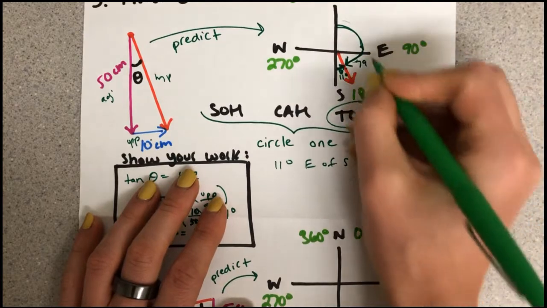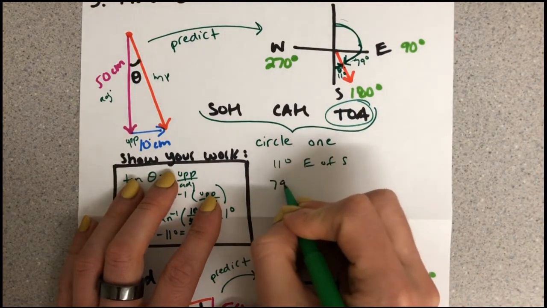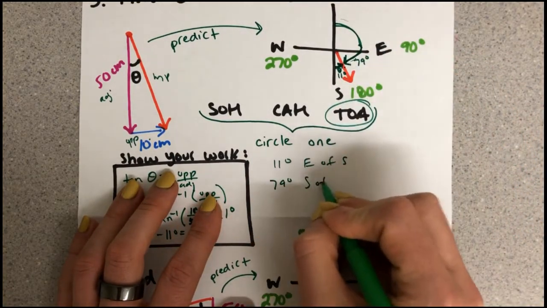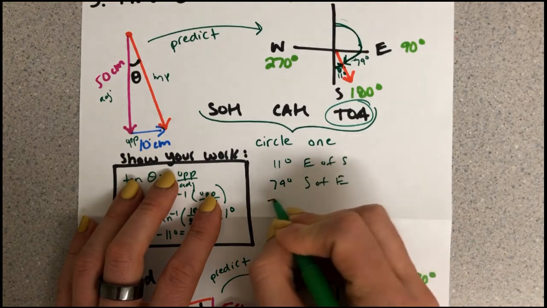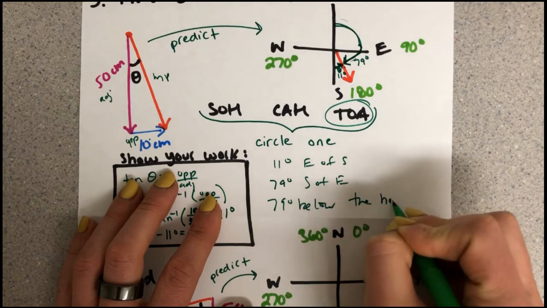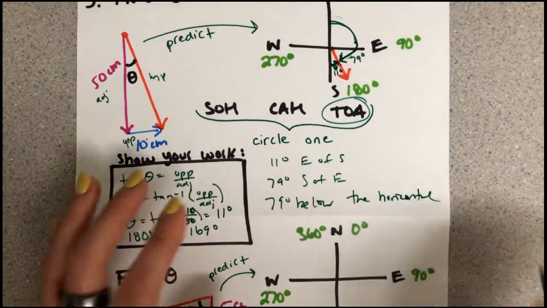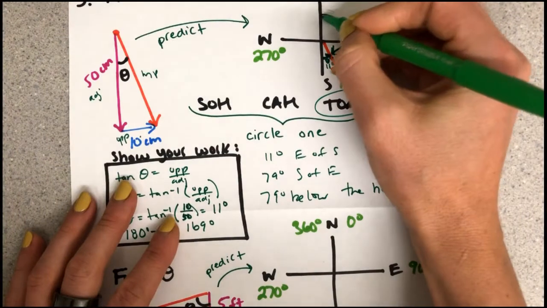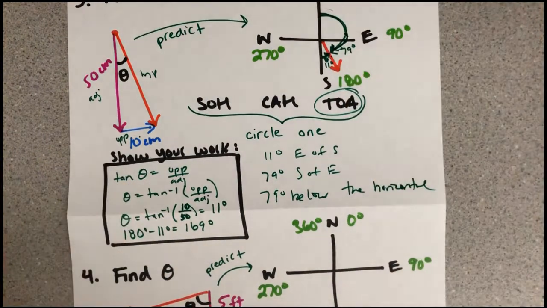This right here is 79 degrees. You could have said it's 79 degrees south of east or 79 degrees below the horizontal. But you guys get the point, right? You have to figure out where are you in relationship to north. That is your reference frame. Okay.